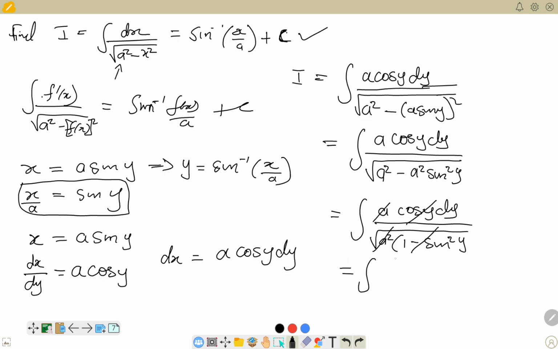Then we end up with just dy. When we integrate dy, we get y plus c. Then we can replace y with arc sine x over a plus c.